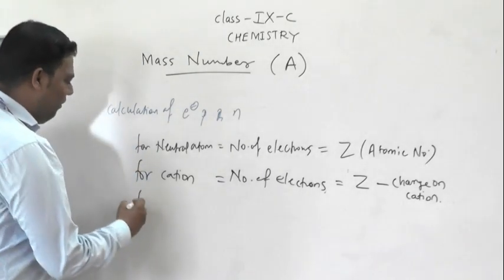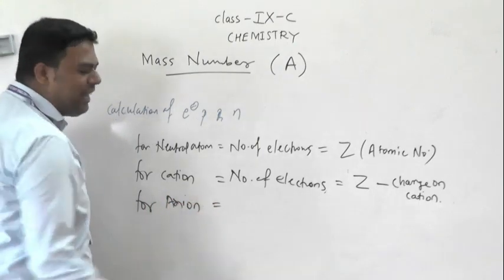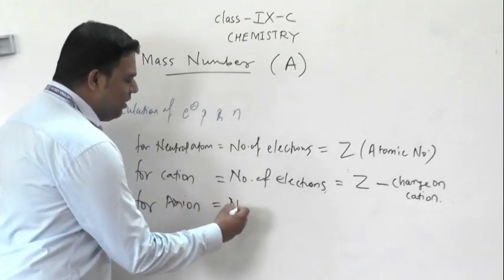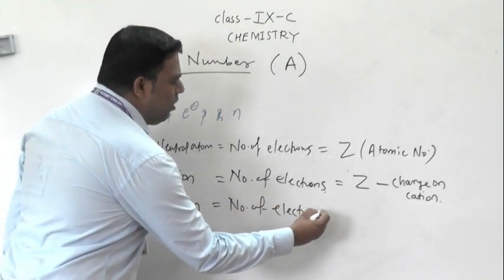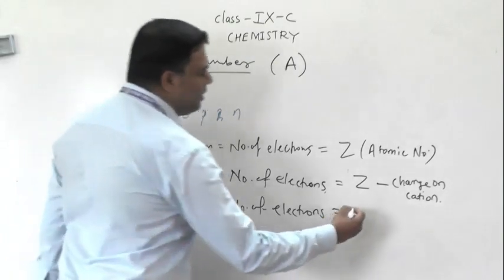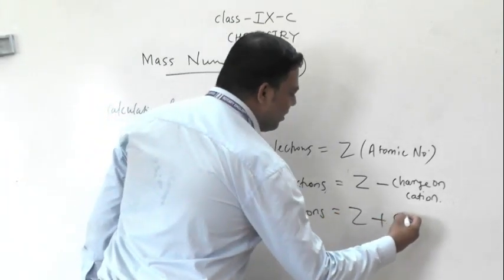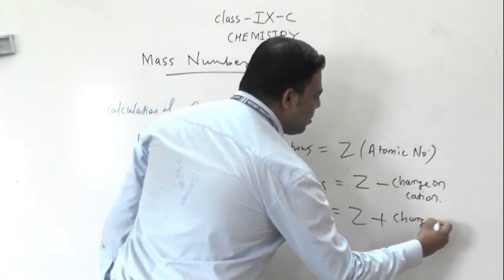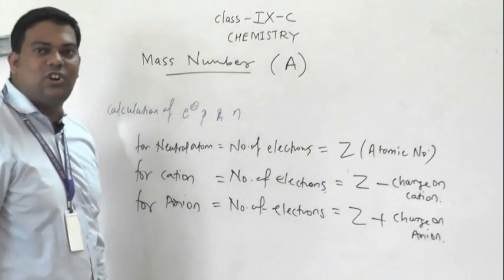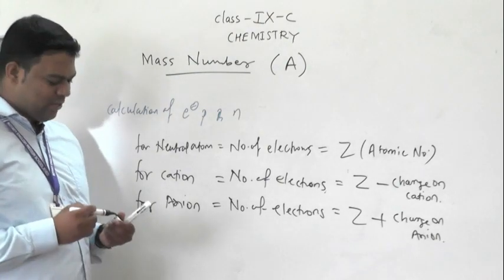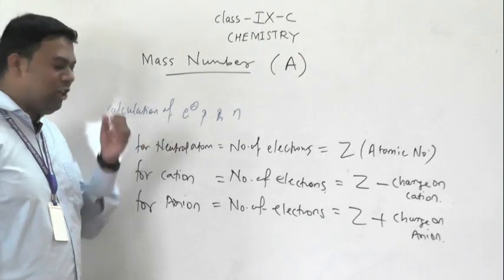For an anion, how can we calculate the number of electrons? Z plus the charge on that anion. It is very important for calculation of electrons.